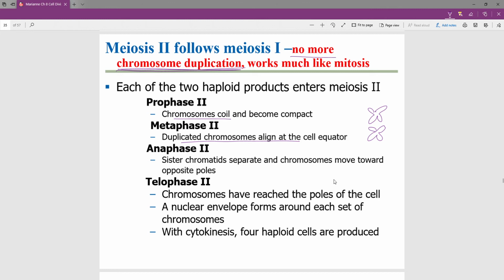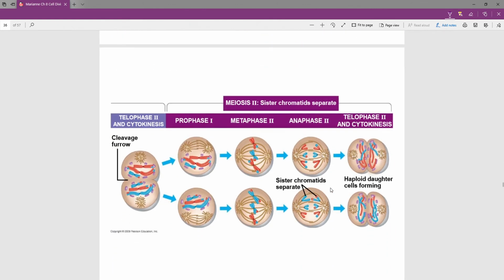We have anaphase 2 where the sister chromatids separate. So this one moves over that cell and this one moves over to that cell. And then they ultimately make 4 haploid cells as an end product here. Again, here is an image that helps you kind of follow that flow through.